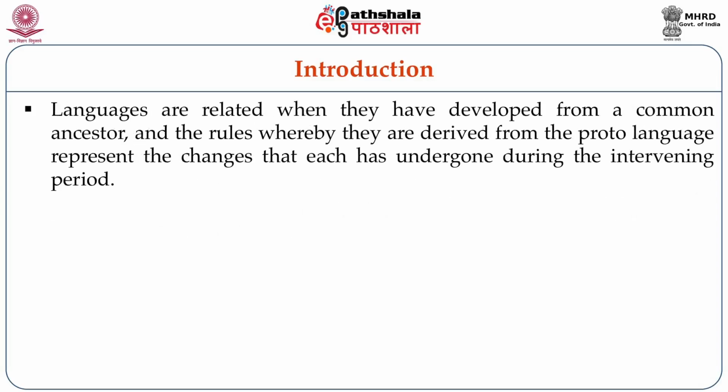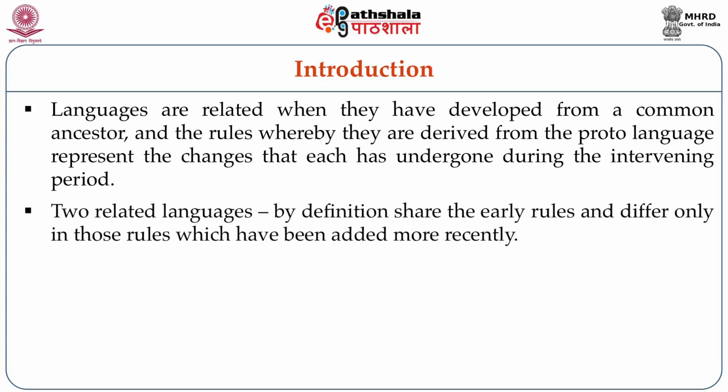Languages are related when they have developed from a common ancestor, and the rules whereby they are derived from the proto-language represent the changes that each has undergone during the intervening period. Two related languages, by definition, share the early rules and differ only in those rules which have been added more recently.